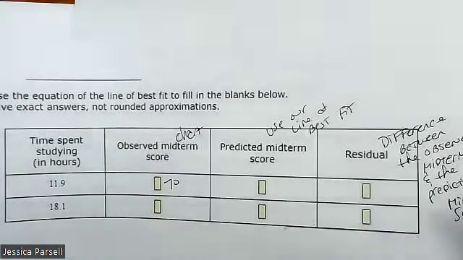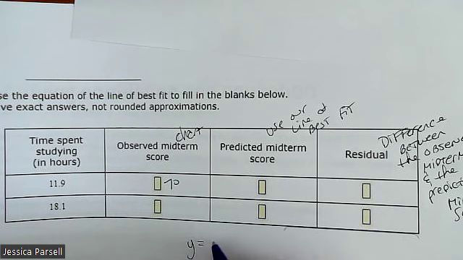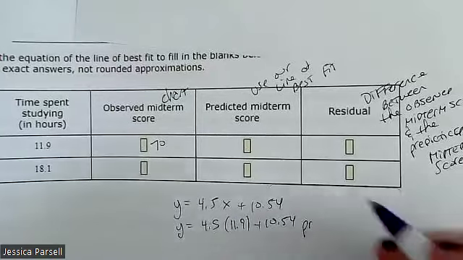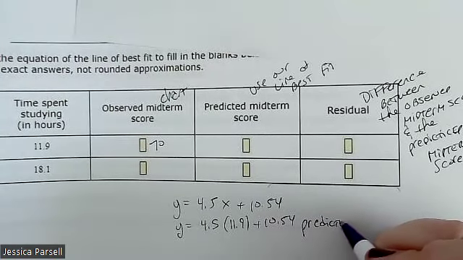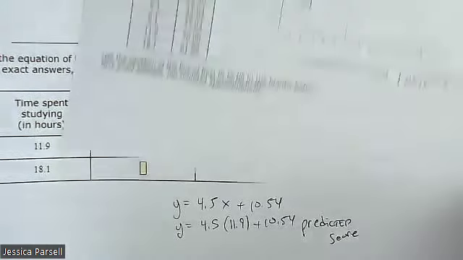So we're going to use y equals 4.5x plus 10.54, and we're going to plug in 11.9 for x. We're going to plug in 11.9 hours, multiply it times 4.5, and add 10.54, and that's going to give us the predicted score. What that line thinks, right?